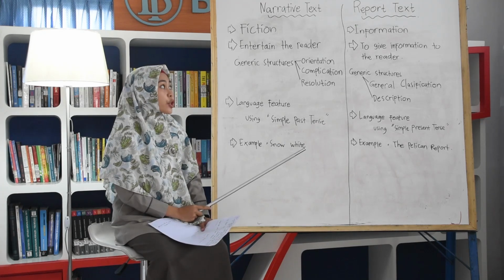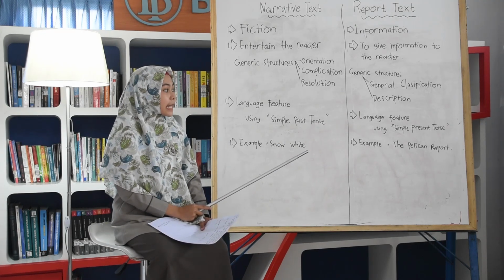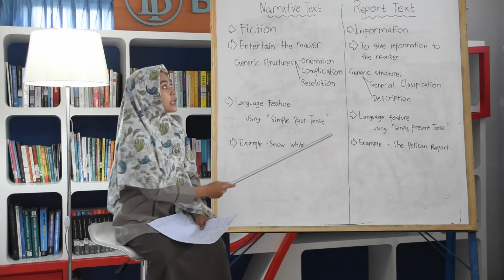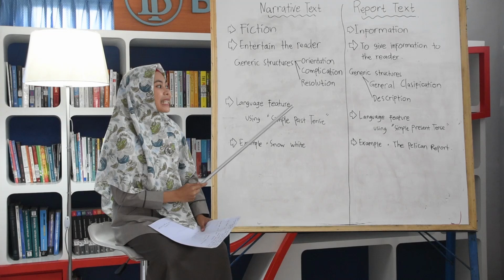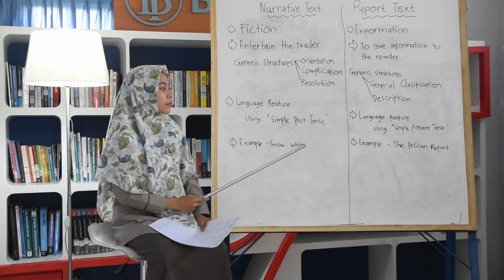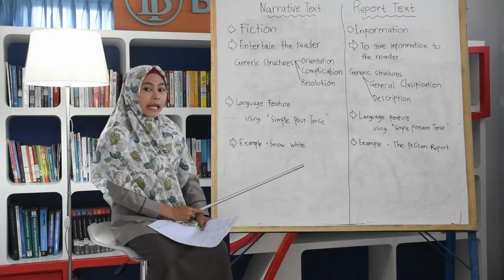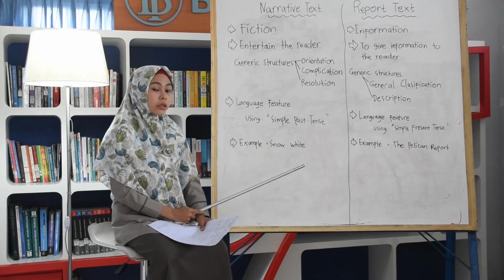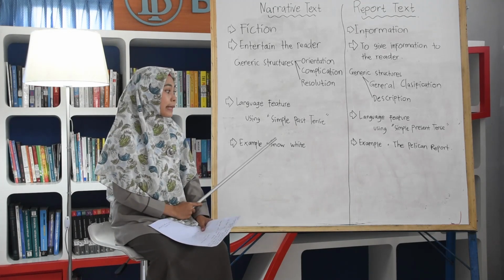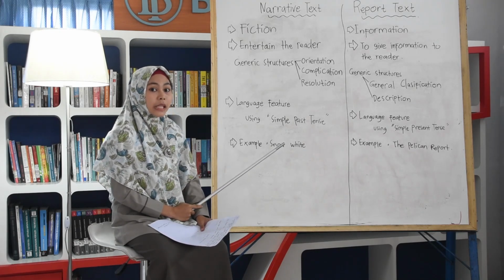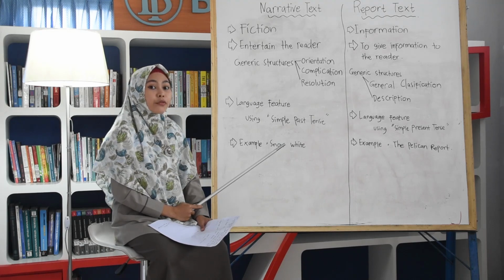The language feature of report text is using simple present tense. So, the text tells about a real situation. Okay, the example of report text is the Pelican report. You can read this example in the module that we give to you.